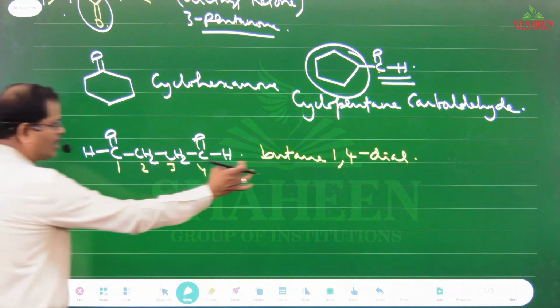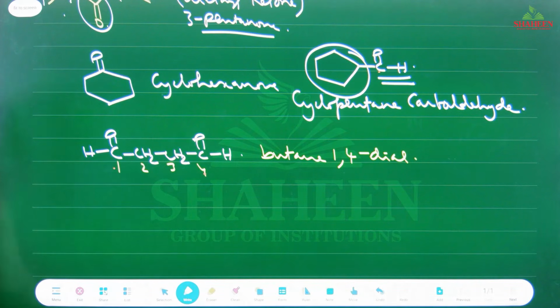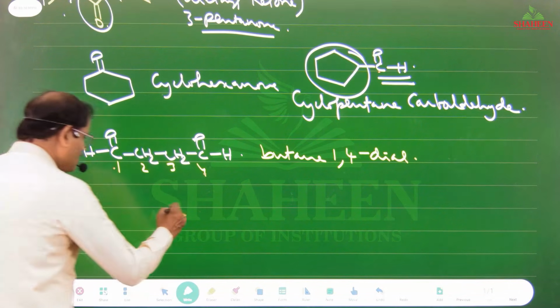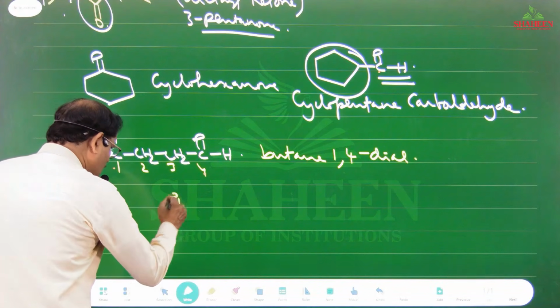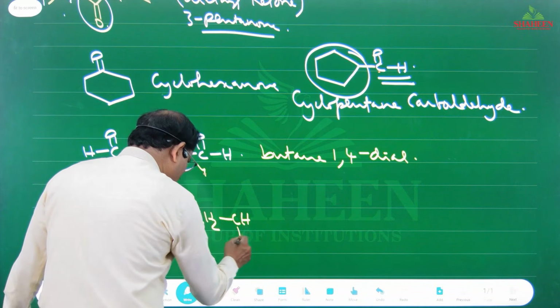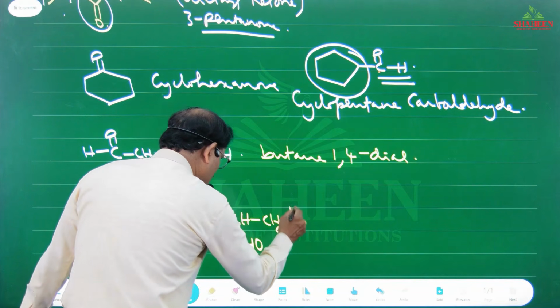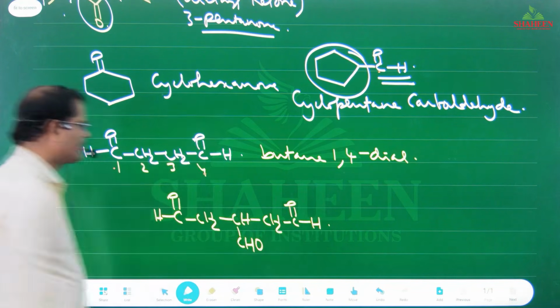Butane indicates 4 carbon atoms, and the 1 and 4 positions have the aldehyde functional group. That is why dial.